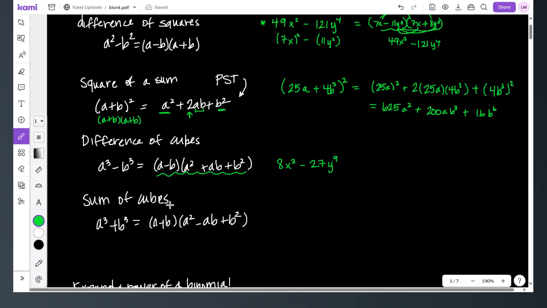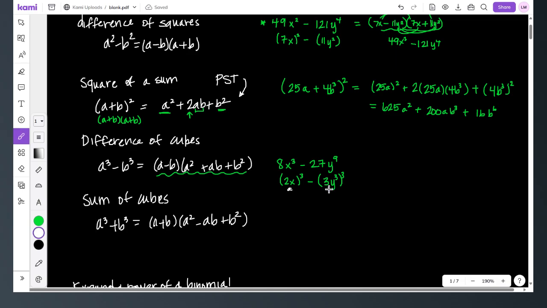I want to think about what the cube root of these is. The cube root of 8 is 2, and the cube root of x cubed is just x. The cube root of 27 is 3, and then I'm going to divide my exponent by 3, so that makes that a y cubed.